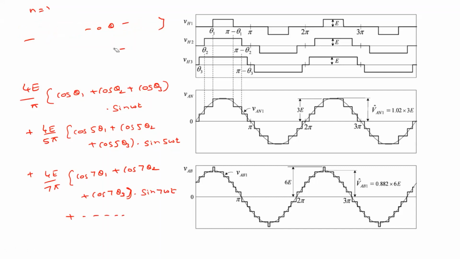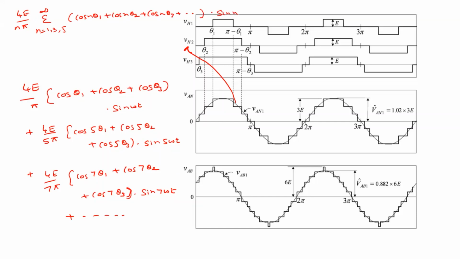So this is the original equation we have written. If you decompose this waveform, we have 4E by n pi, sigma n equal to 1, 3, 5 to infinity, of cos n theta 1 plus cos n theta 2 plus cos n theta 3 and so on, into sin n omega t.